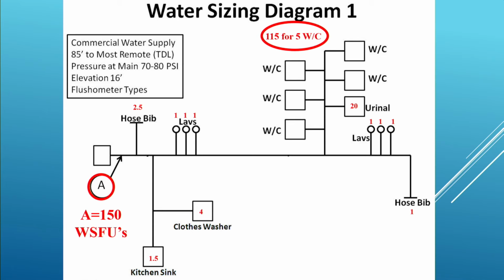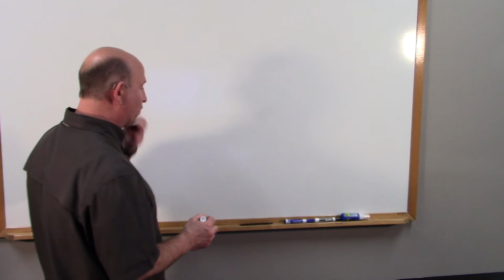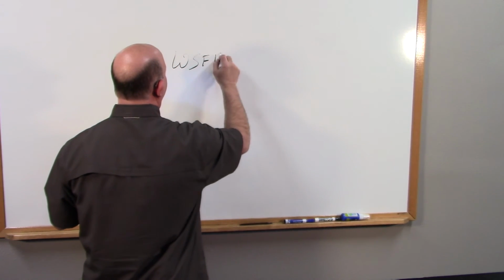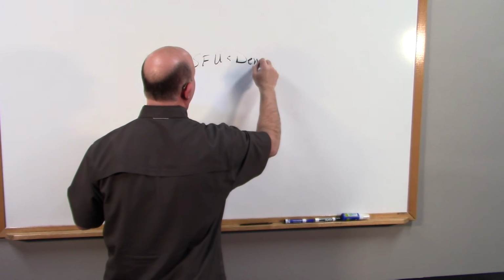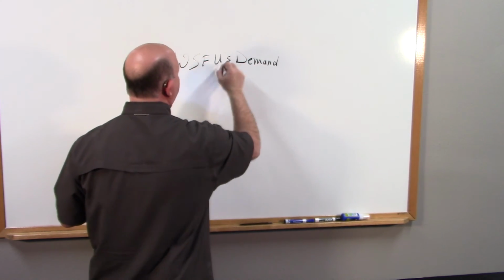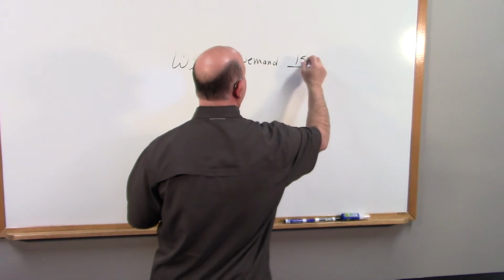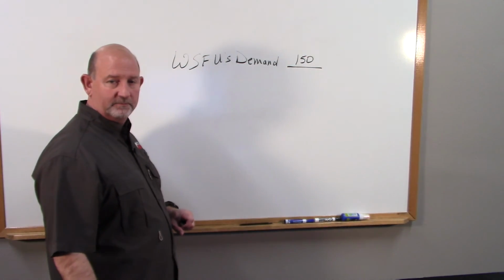So I'm going to put up here on the board real quick the things we're looking for. I've got to know my WSFU demand. So do you agree when I add all those together, I've got 150 WSFUs, right?